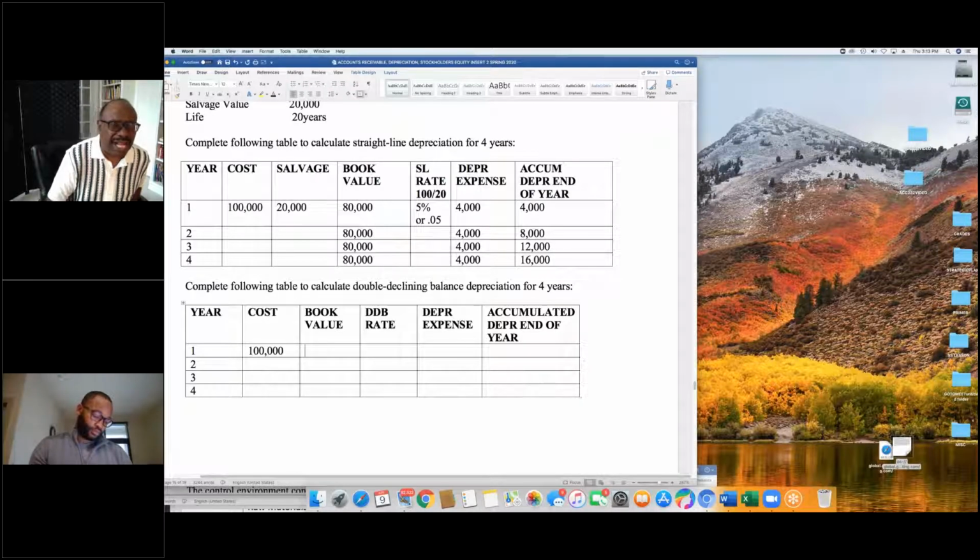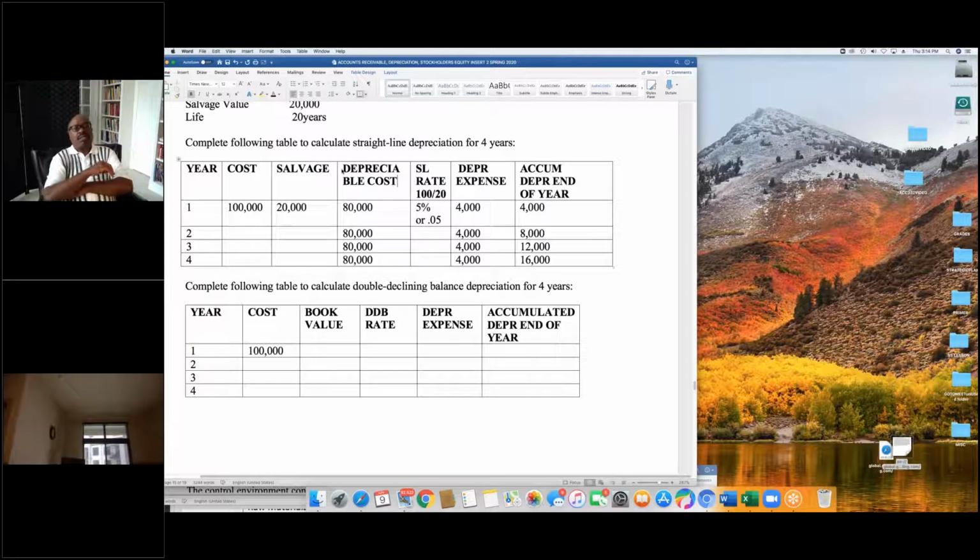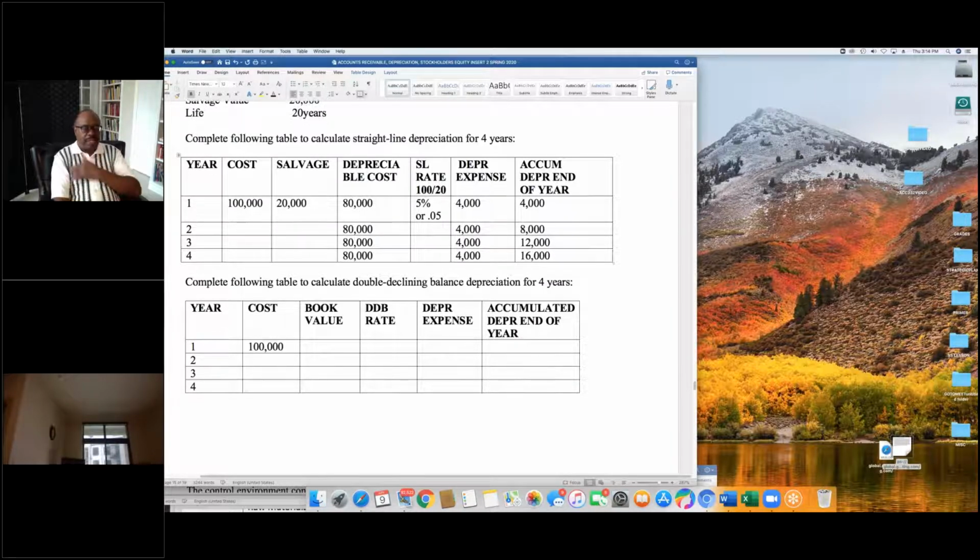I guess a better term would be depreciable cost. We're always depreciating 80,000. So that's probably a better term there.